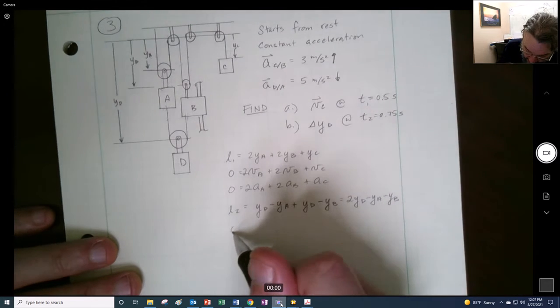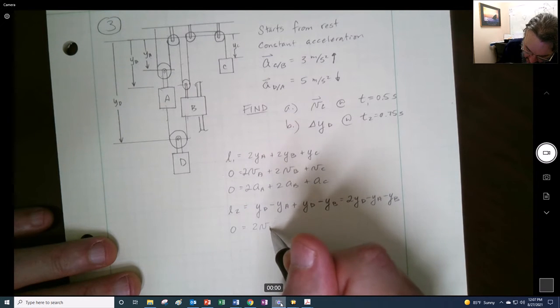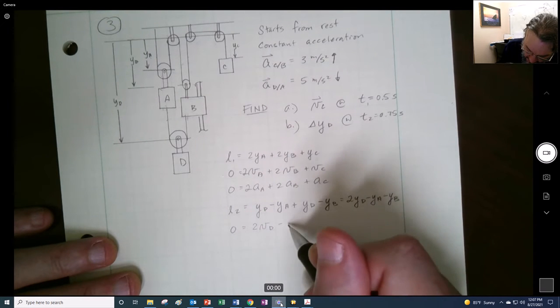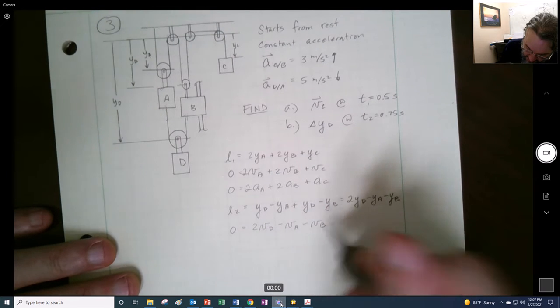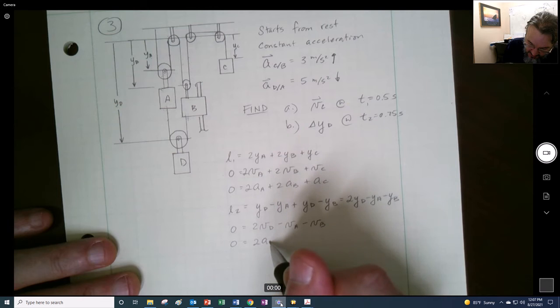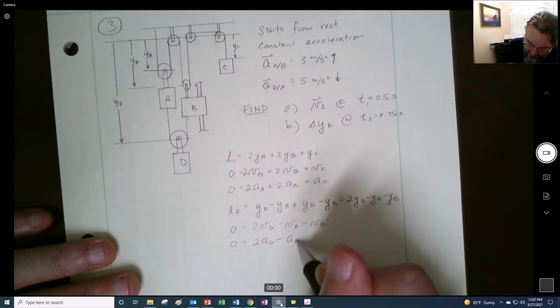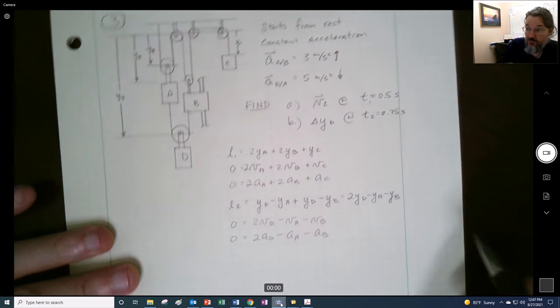If we differentiate that with respect to time, we get 2VD minus VA minus VB. And 2 times the acceleration of D minus the acceleration of A minus the acceleration of B. A lot of equations to do.